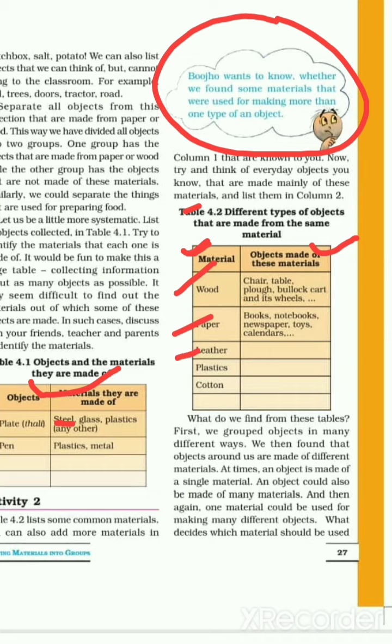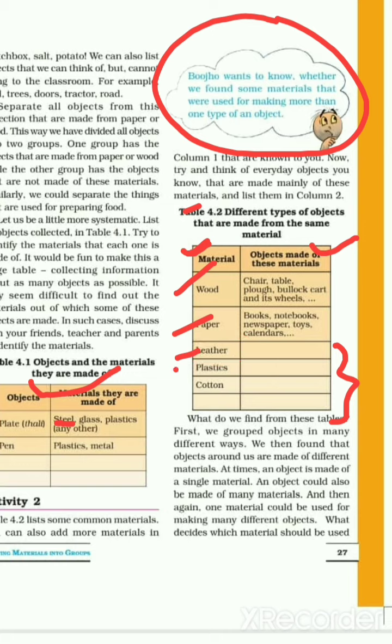Leather. So leather is given. Now you need to fill these gaps. With the help of leather we can make bag, shoes, belt, purse, wallet, watch strap, jacket. So with the help of leather we can make these many things.